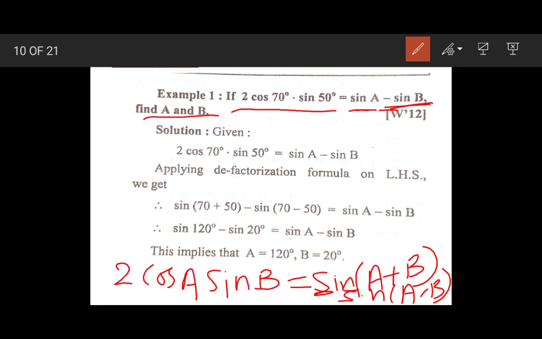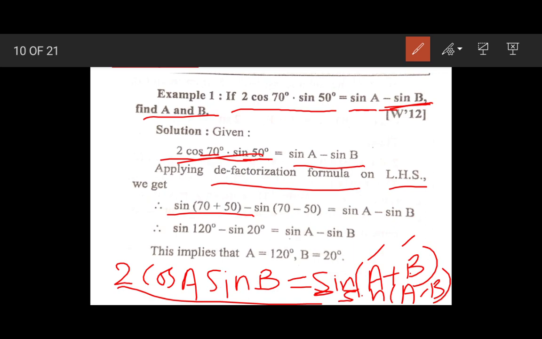So first, 2 cos 70° sin 50° is equal to sin a − sin b. After applying the defactorization formula on the left hand side, we get sin(a+b) − sin(a−b), where a is 70° and b is 50°. So sin(70+50) − sin(70−50), and the right hand side as it is. 70 plus 50 is 120°, and 70 minus 50 is 20°. So we get sin 120° − sin 20°, that is equal to sin a − sin b.